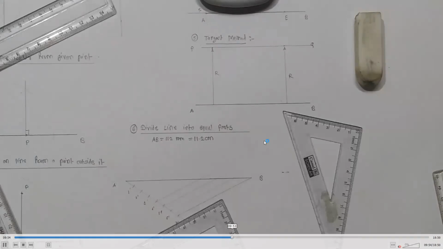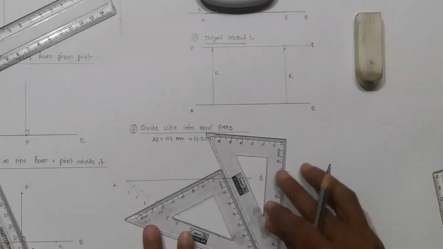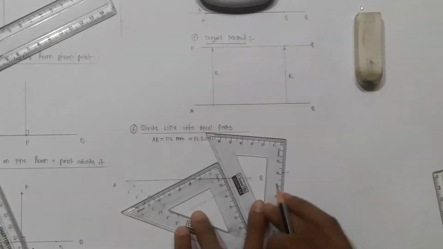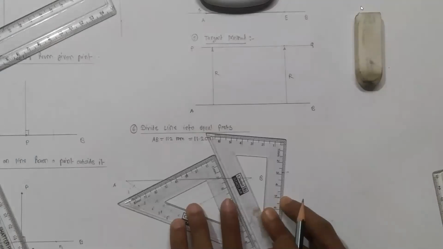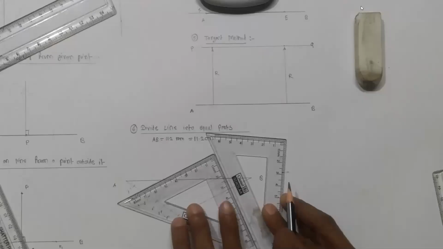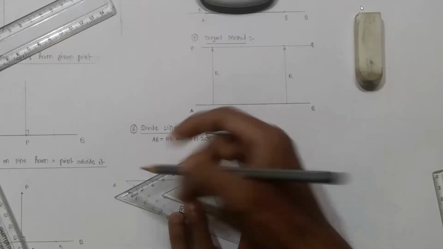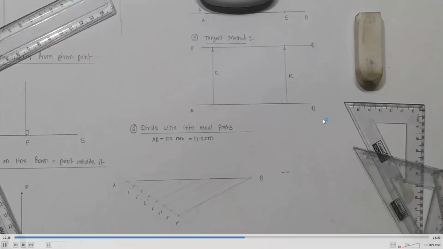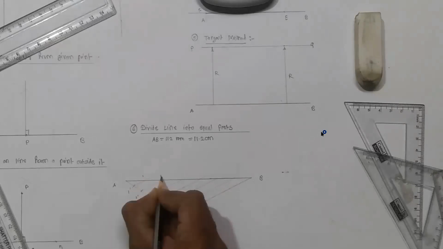So this is how you can use the set square to draw the parallel line. In this way, you can divide the given line of any dimension into equal parts.